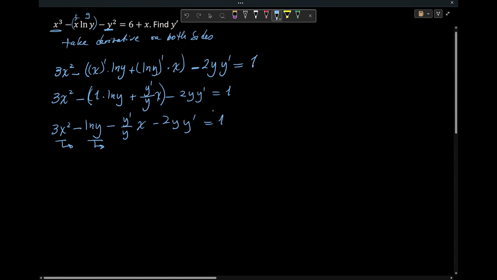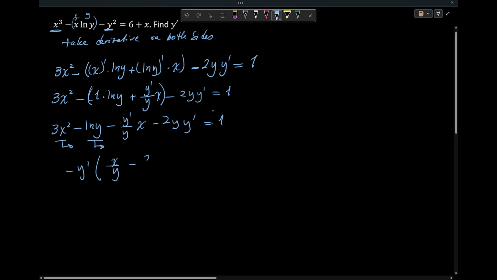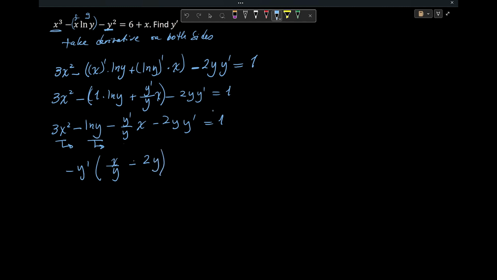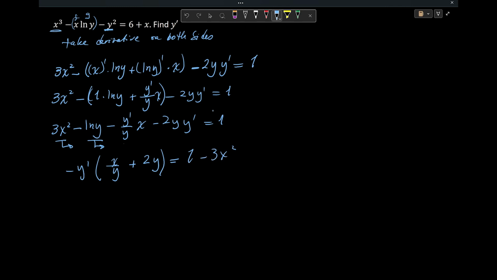Okay? So let's factor out a negative y prime. So negative y prime, I have x over y minus 2y, plus 2y equals. Here's the 1. I bring in the 3x squared. I bring in the negative ln y becomes plus ln y.